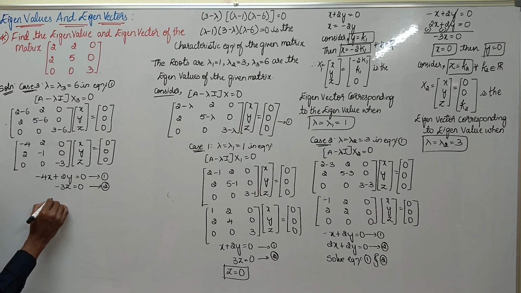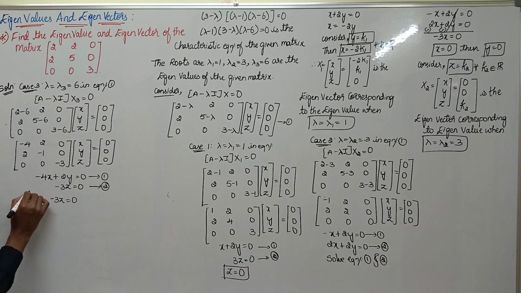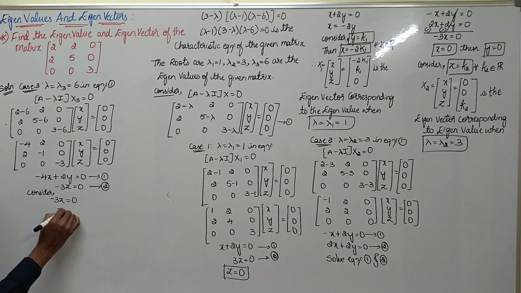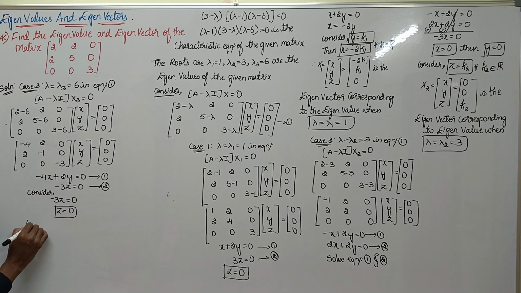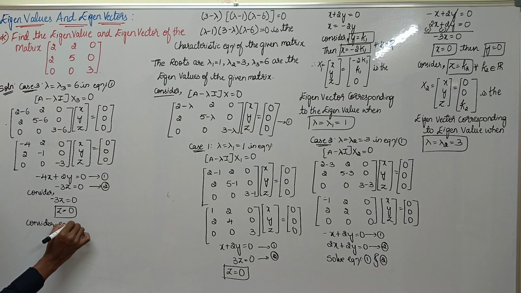Now, since minus 3z equal to 0, 3z equal to 0, z value is equal to 0. Now, in the first equation, consider equation number 1, that is minus 4x plus 2y equal to 0.